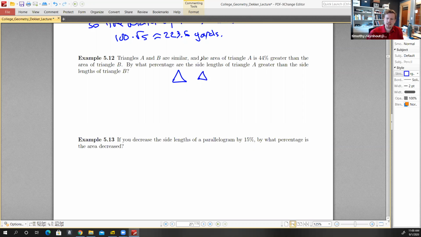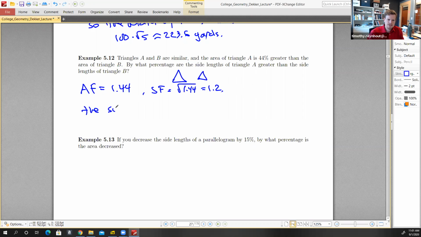So from this, if we get the area is 44% larger, that actually tells us that the area factor, right, it's not 44% because it's 44% larger. There's 44% more than the 100%. So there's 144% to go from triangle B to triangle A, okay, because this is 44% larger. That tells us that the scaling factor is the square root of 1.44, which is 1.2. So we have to multiply the side lengths by 1.2. That is, the side lengths are 20% larger.